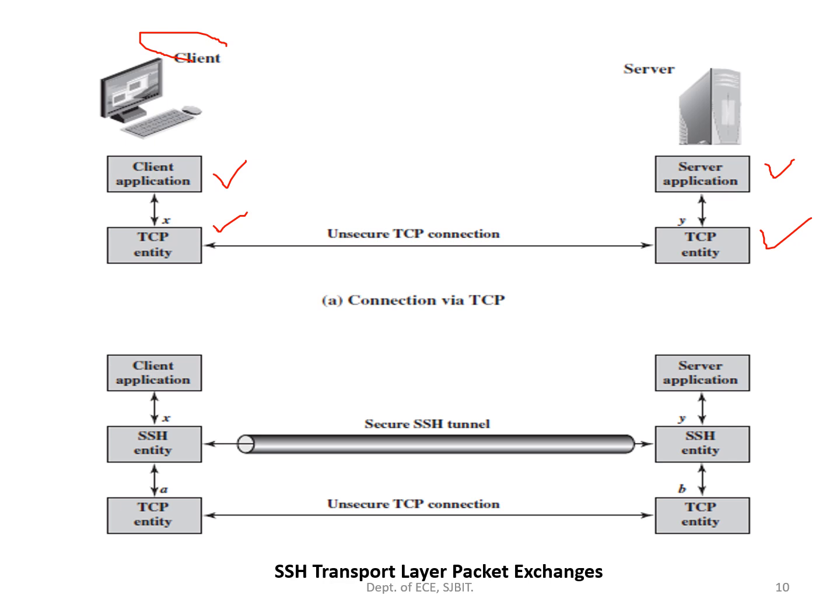Next, we consider the tunnel. When you consider Secure Shell tunneling, there is the client application, SSH entity, and TCP entity. In between the client application and the TCP entity, we are going to use the Secure Shell entity.